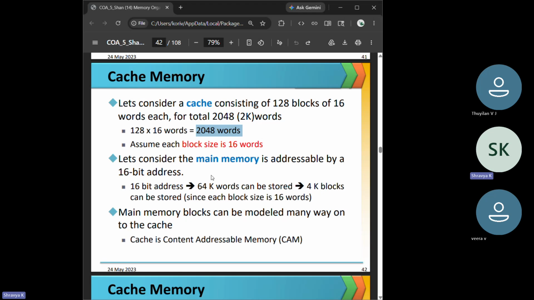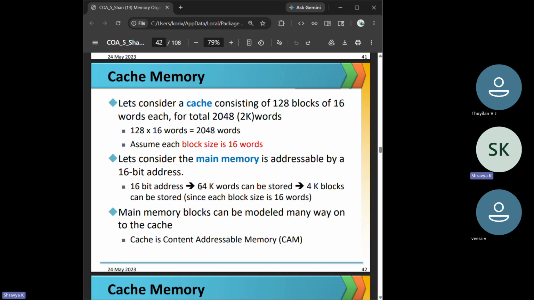Now consider that the main memory is addressable by a 16-bit address. What does that mean? K is 16, so 2 to the power K is 2 to the power 16, which gives us 64K words. If there's a 16-bit address, that means there are 64K different addressable locations, and at each addressable location you can store a word.